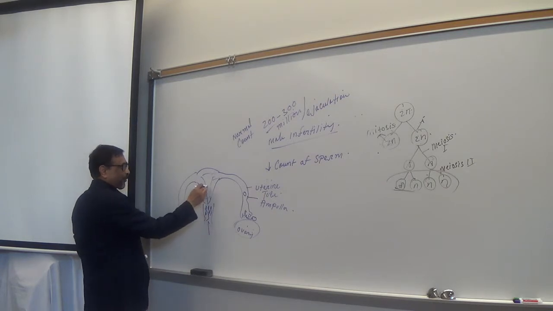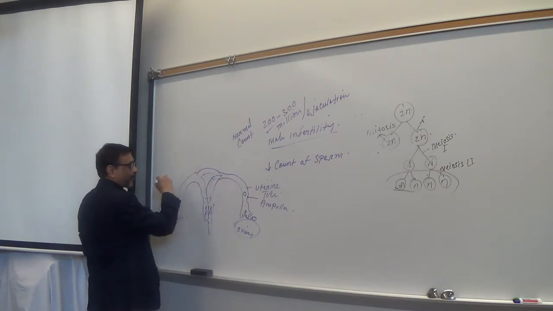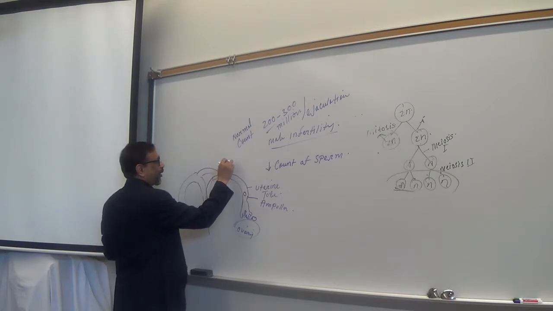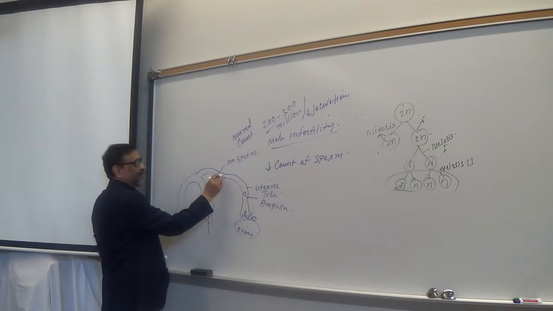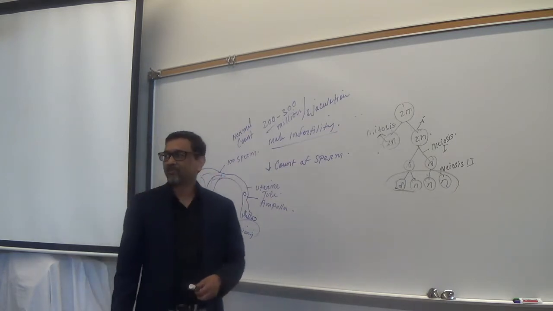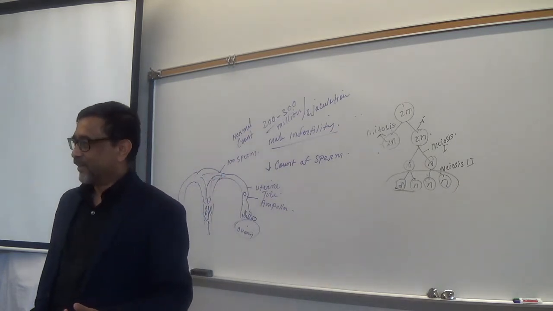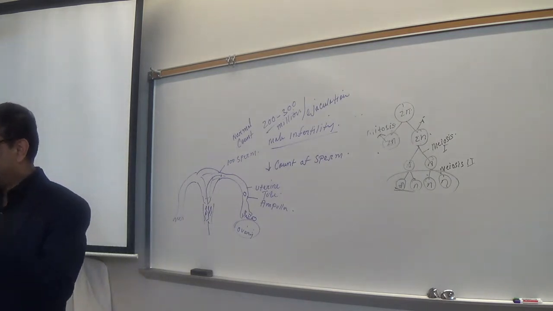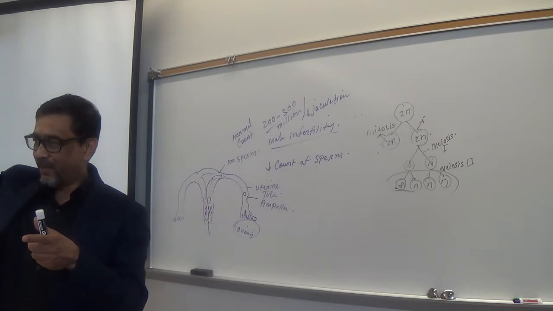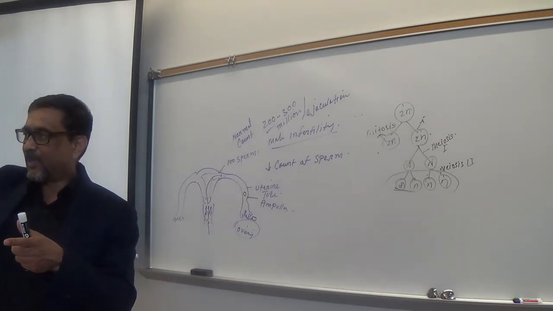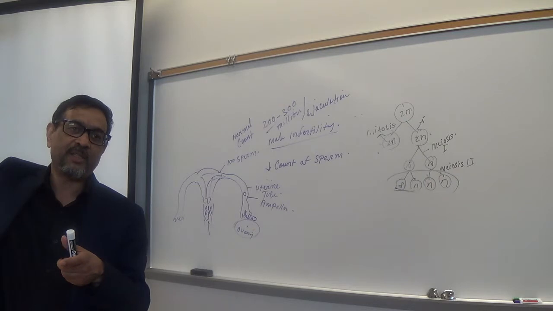And only about 100 sperm can reach here. Make sense? 100 million enter into female reproductive system, but only 100 sperm can reach to the uterine tube.